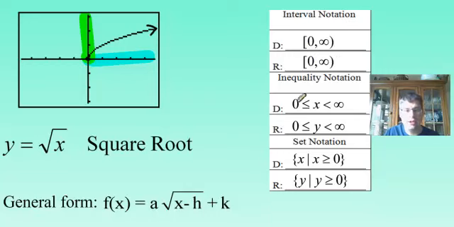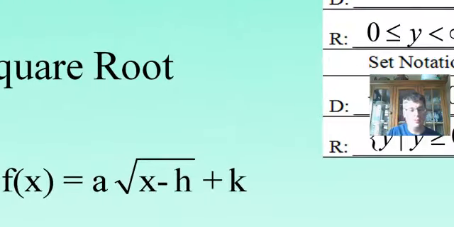So here's the corresponding inequality notation. 0 is less than or equal to x, and x is less than infinity, and then we have the same thing for our y. Our set notation: x is such that x is greater than or equal to 0, and y is such that y is greater than or equal to 0.